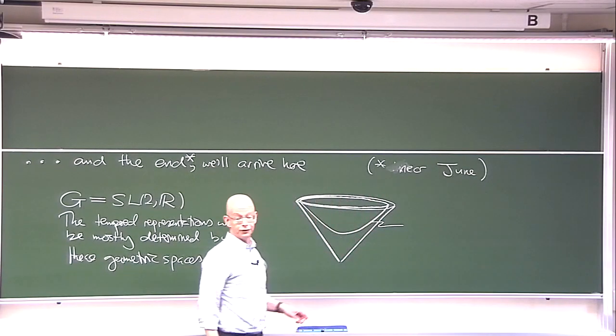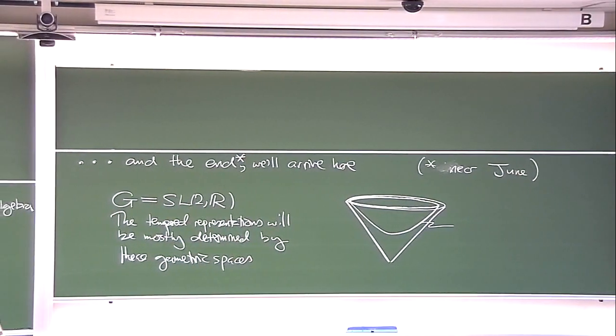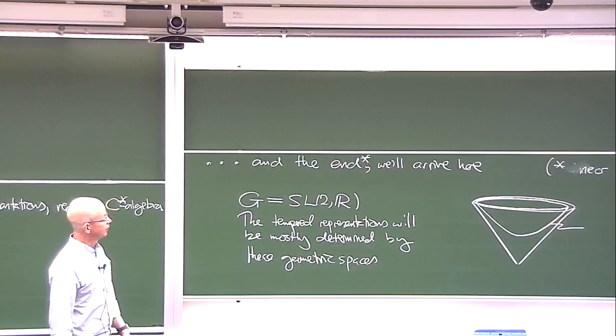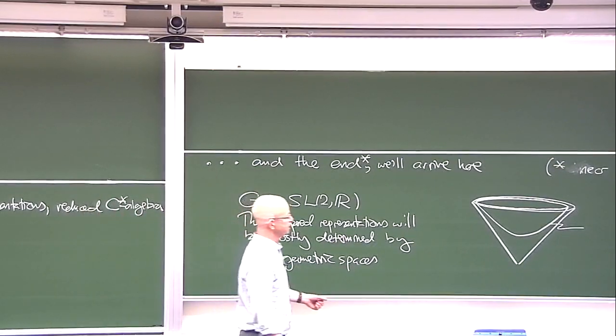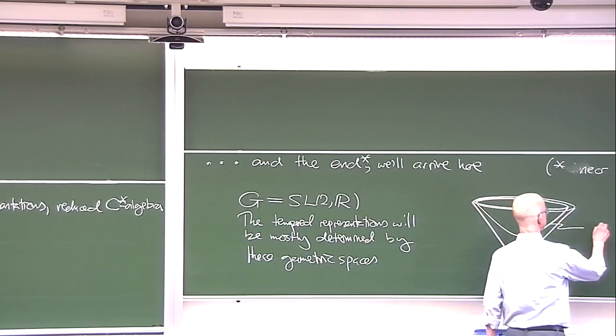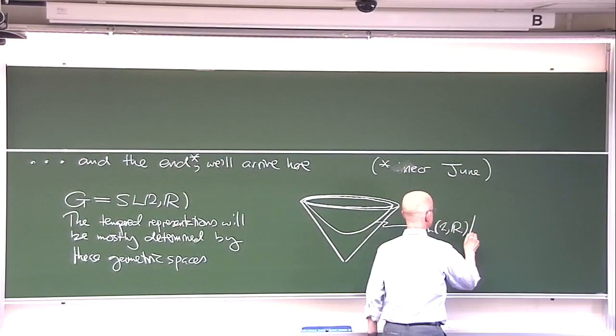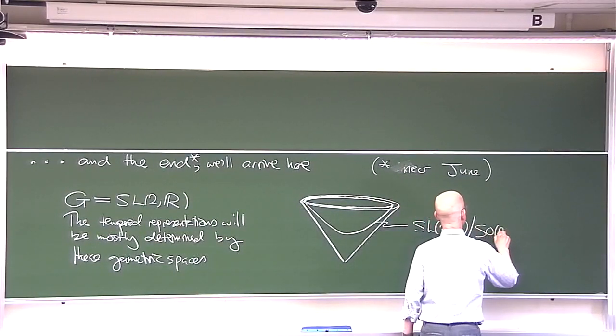I'm going to draw 2 pictures. Well, I'm going to describe a second picture. It's a little hard to draw it because it's in R4, not in R3. What I've drawn here, let's call this group G, as I did, in fact, is our homogeneous space.